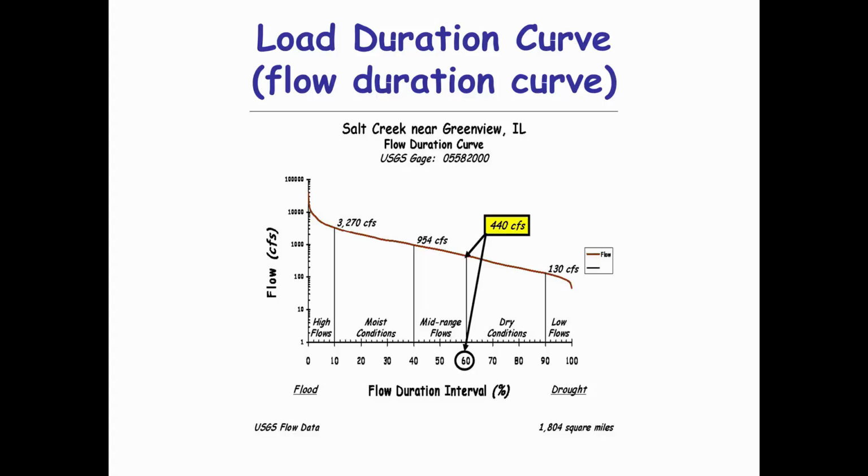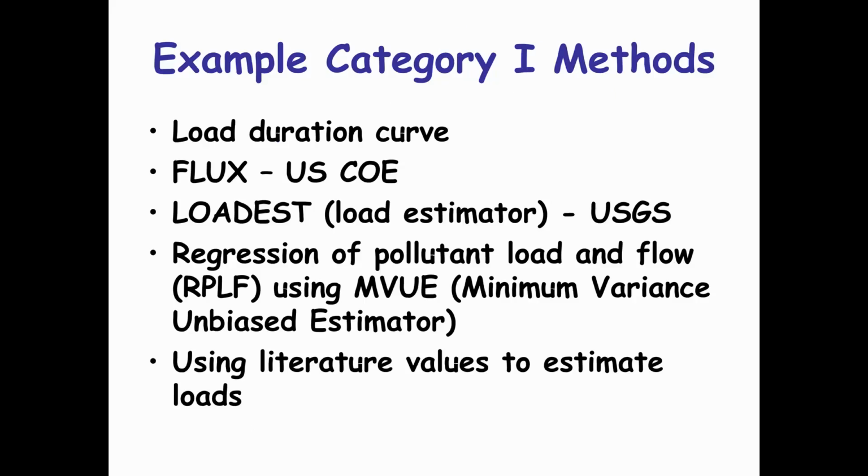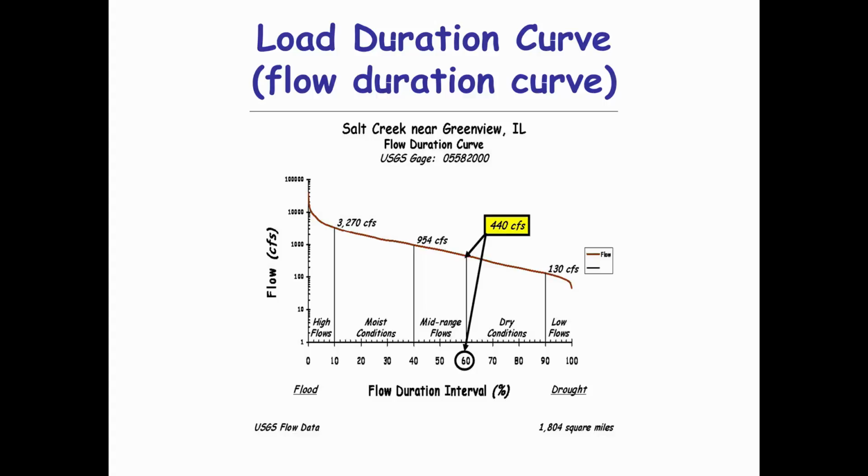So among these methods that I've mentioned, we will be using the load duration curve, the Flux method, and this last category of literature values to estimate loads within the course.